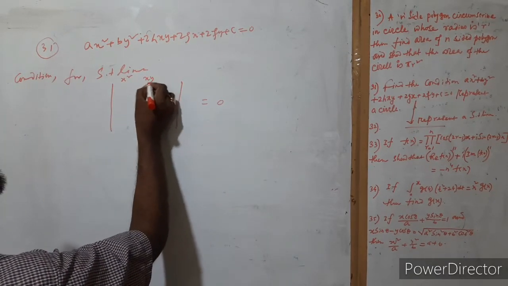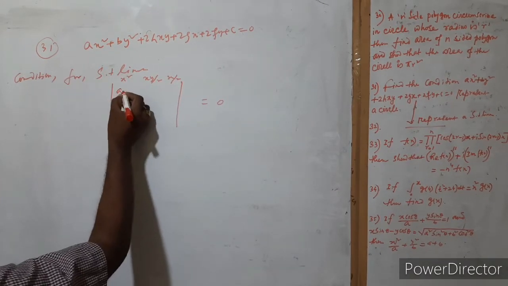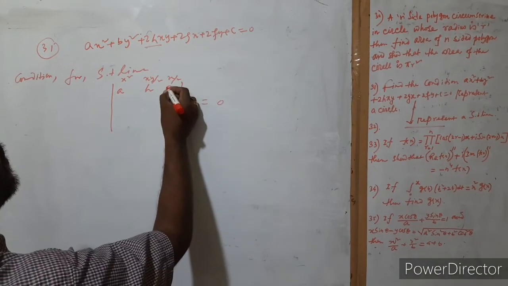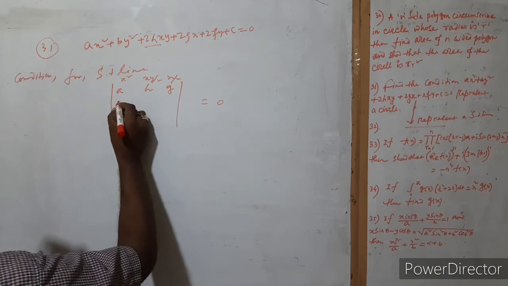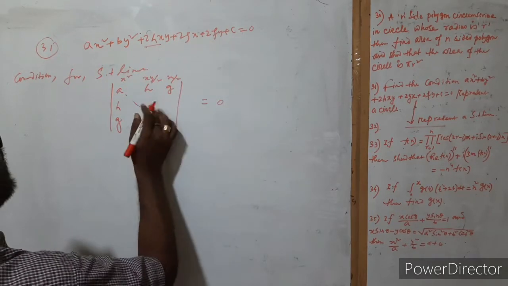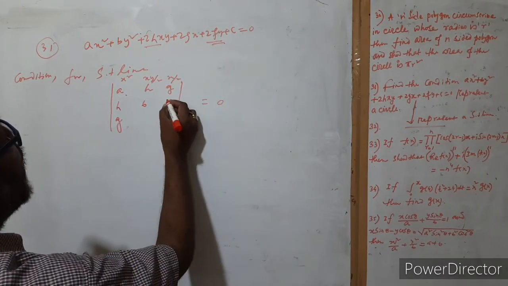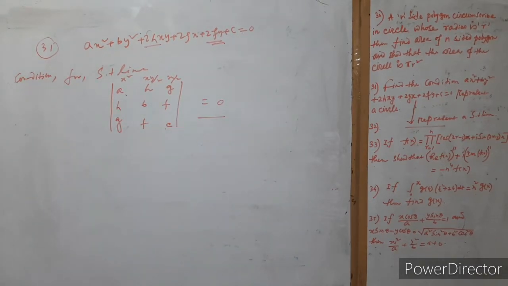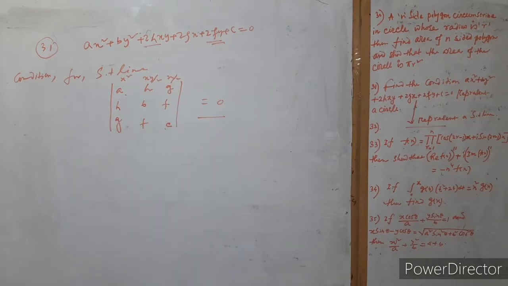Here x² has coefficient a, xy has half of h, and x has g. So the determinant is | a h g ; h b f ; g f c | and this equal to 0 is the condition when it represents a straight line.